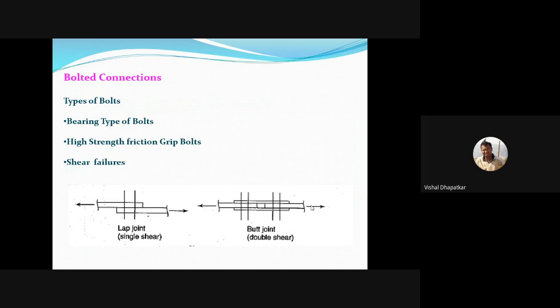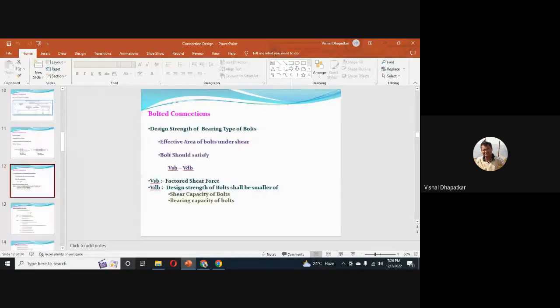When the bolt and the connecting plate slide, and the bolts get borne against any edge of the plate or web of the section, then the load will be transferred by the bearing of bolt and plate. So that type of bolt is called a bearing type bolt.